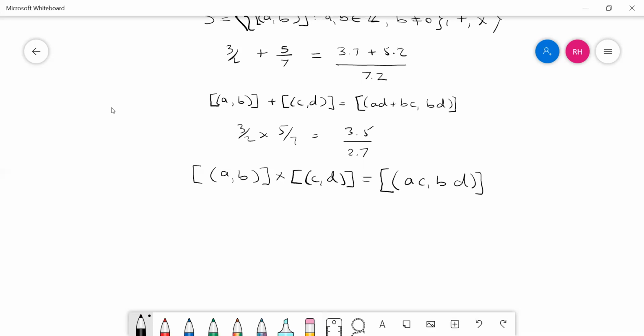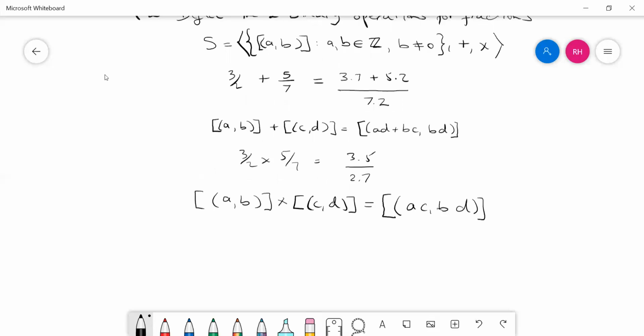Okay, now, I don't want to go into too much detail because we've basically done what we need to do, but there are a few things to point out here. The first is: is this a valid addition or multiplication? Let's just look at multiplication, but it's the same argument for addition. If we go back and look at S, I want to point out this thing here.